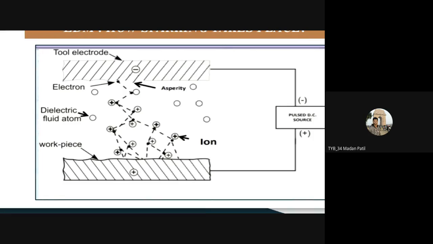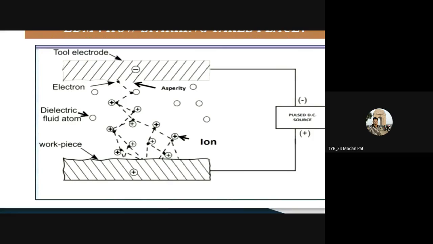Then finally the cavity will be produced in your workpiece, and that cavity is approximately a replica of your tool. Whatever the shape of the tool, the same shape you will get on the workpiece. So the cavity produced on the workpiece is approximately a replica of your tool.